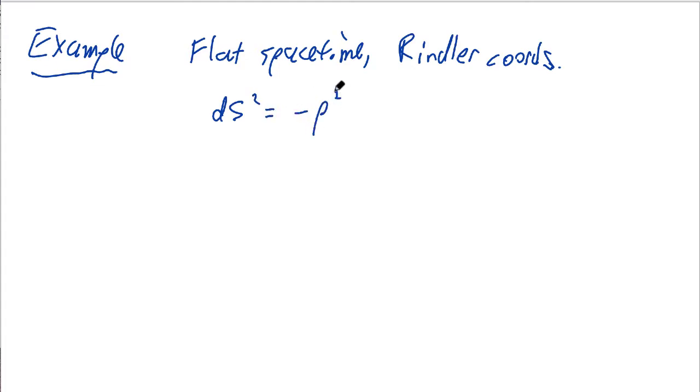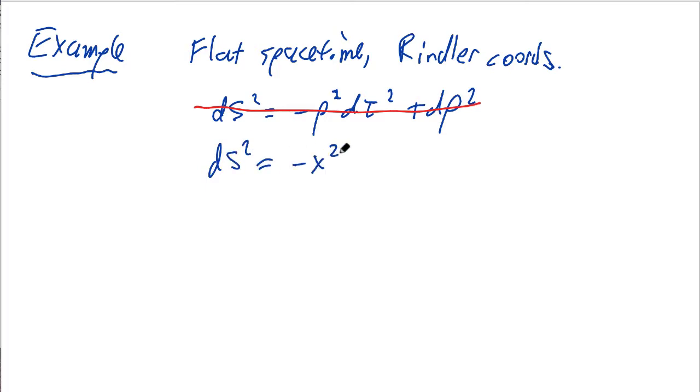So the line element looks like minus ρ² dτ² plus dρ². But I don't really like this choice because this coordinate τ might be confused for proper time along the world line. So let me change the coordinate names, and instead of ρ and τ, let me just go ahead and use x and t. So the line element is minus x² dt² plus dx².